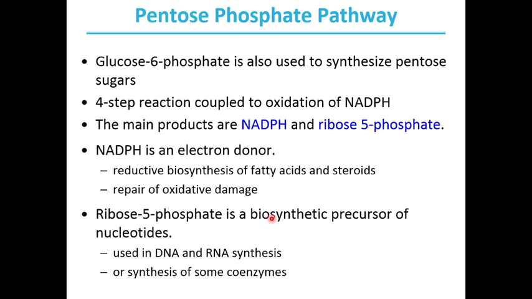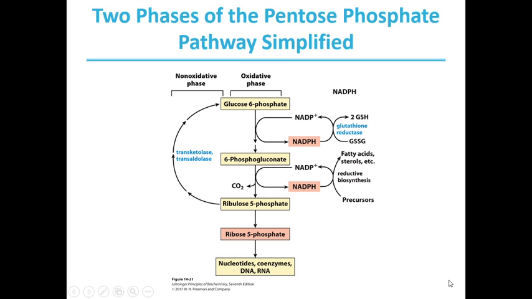Ribulose-5-phosphate, on the other hand, is a biosynthetic precursor of nucleotides used in DNA and RNA synthesis or synthesis of some coenzymes. The two phases of pentose phosphate pathway are simplified in this specific image.